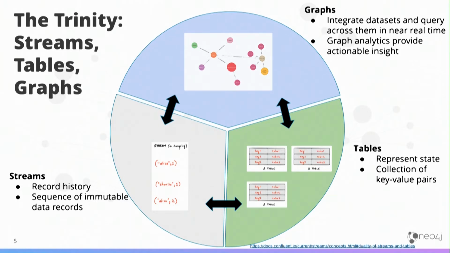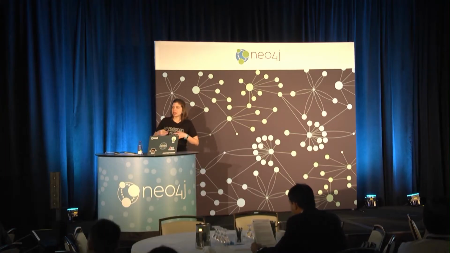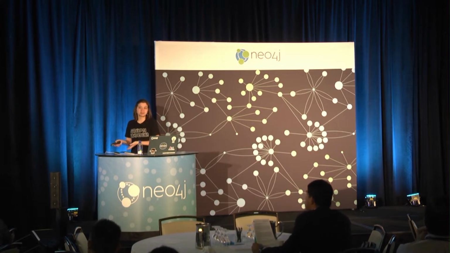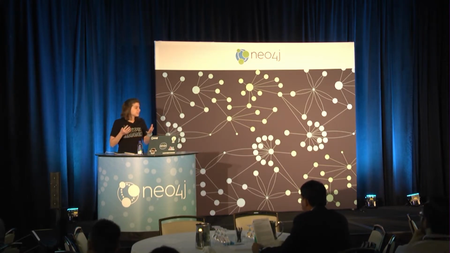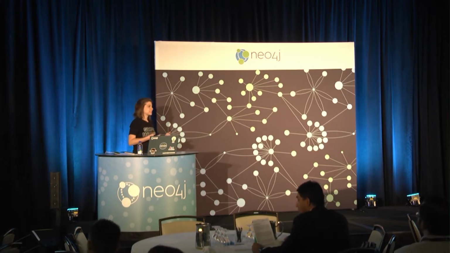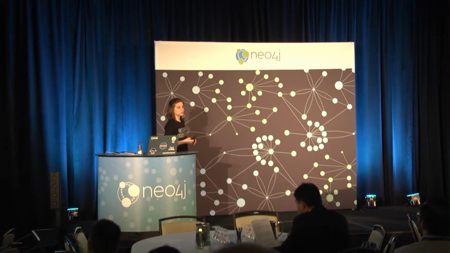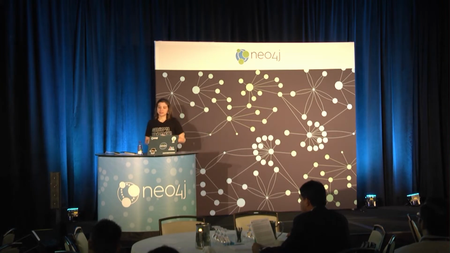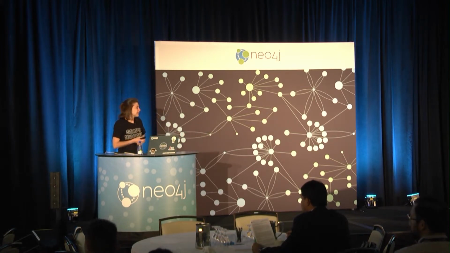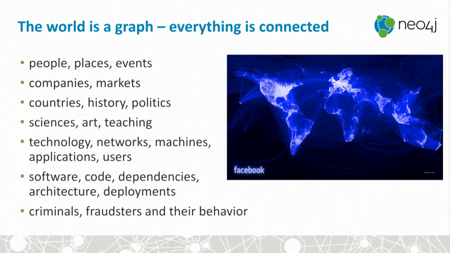Hopefully you know a little bit about what Neo4j is, but if not, a graph basically mimics the real world. Data and society around us is all very interconnected. One good example of this is social networks, Facebook for instance, looking at how people are connected to one another.